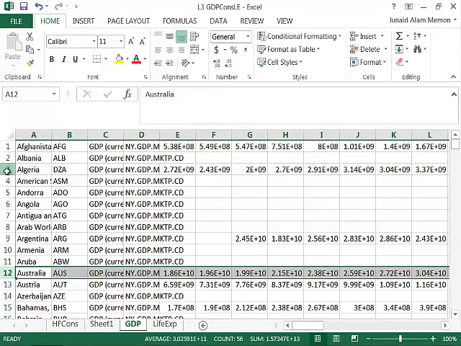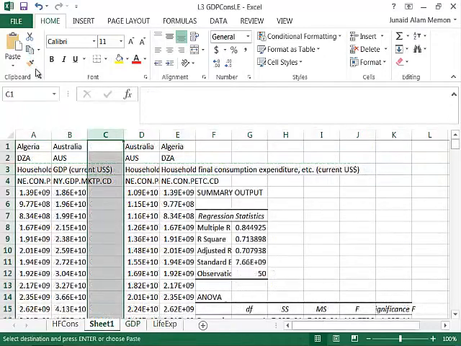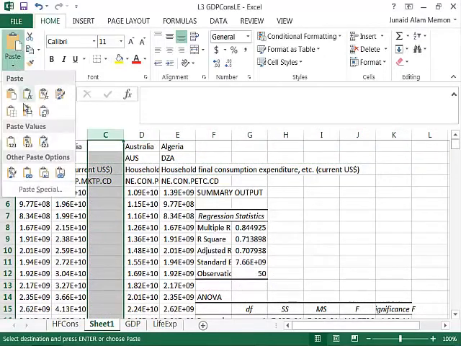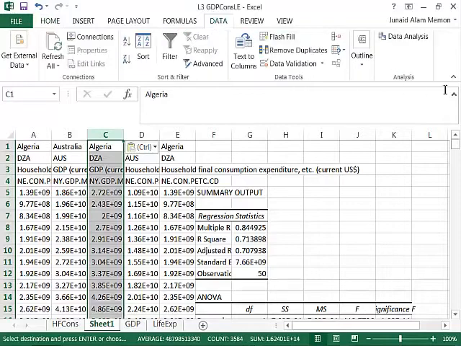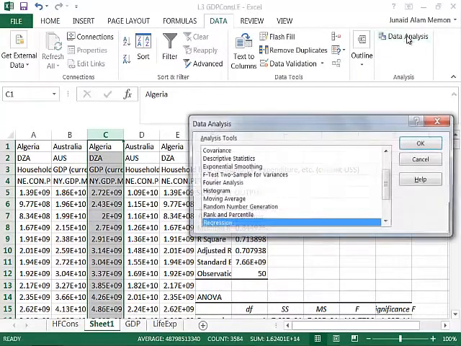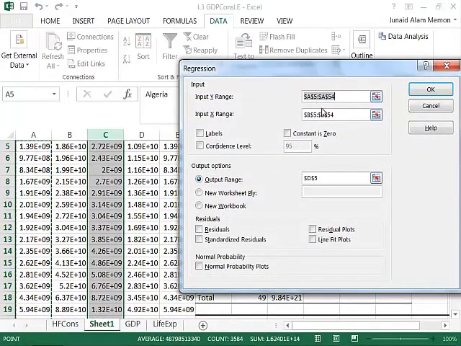Okay, so now I have Algerian consumption and then Australian and Algerian GDP. And now I'm going to run the regression.